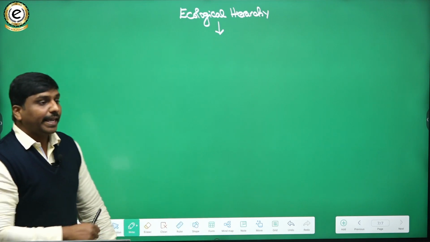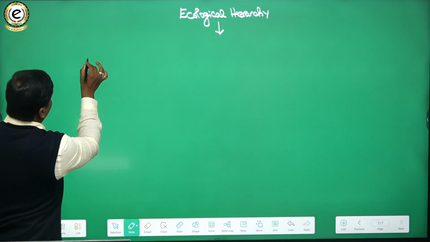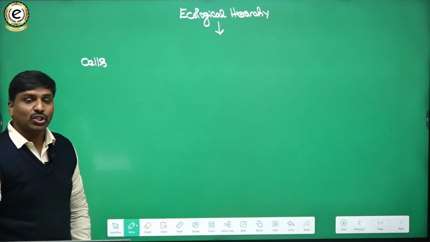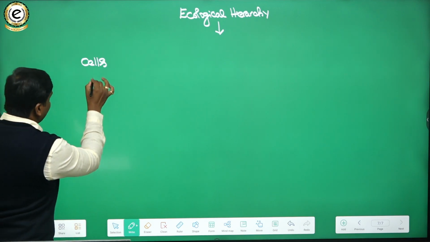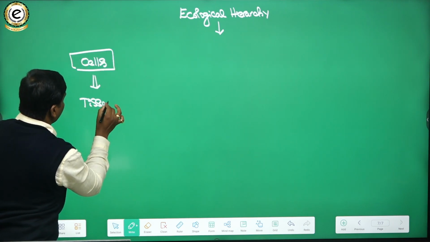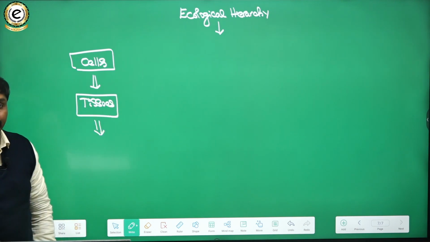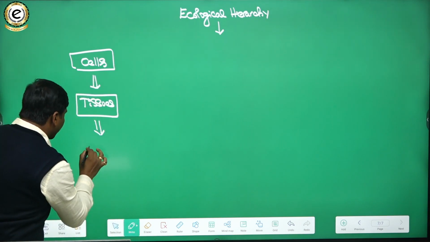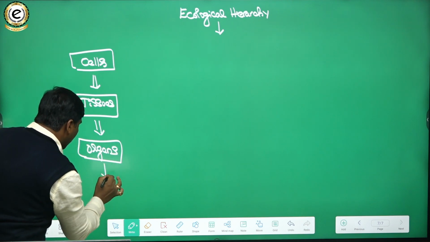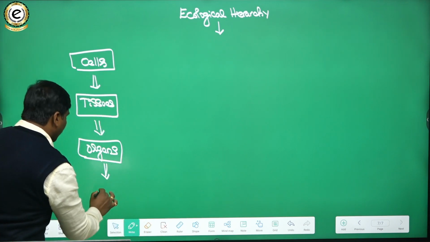From the organism's point of view, the cell is the basic unit of life, isn't it? A group of cells will make tissues, a group of tissues will make an organ, and a group of organs will make organ systems.